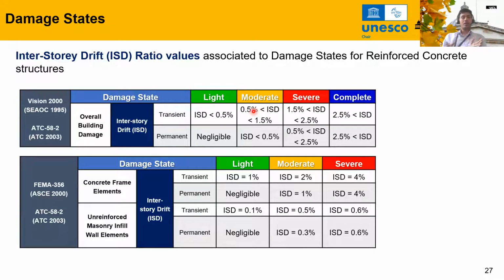But we cannot represent the physical damage directly in numerical terms. So what we use is what displacement, what deflection in the building takes that building into that damage state.